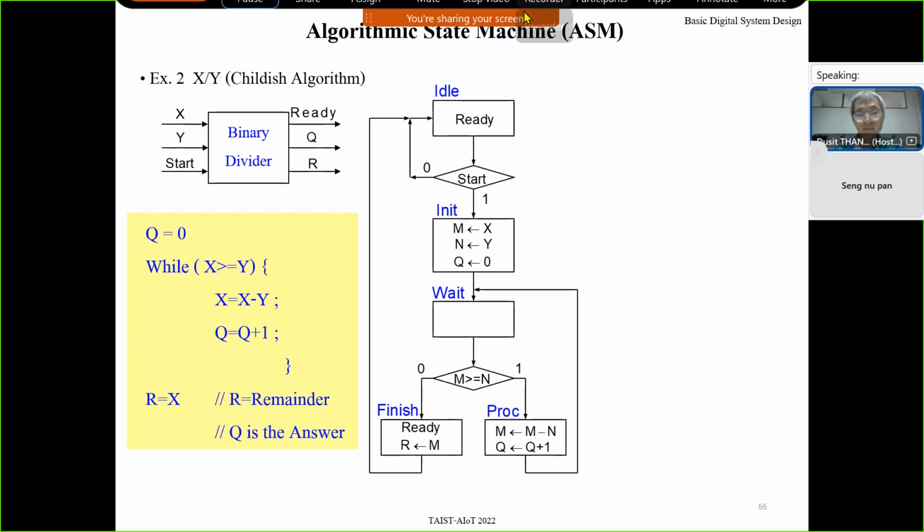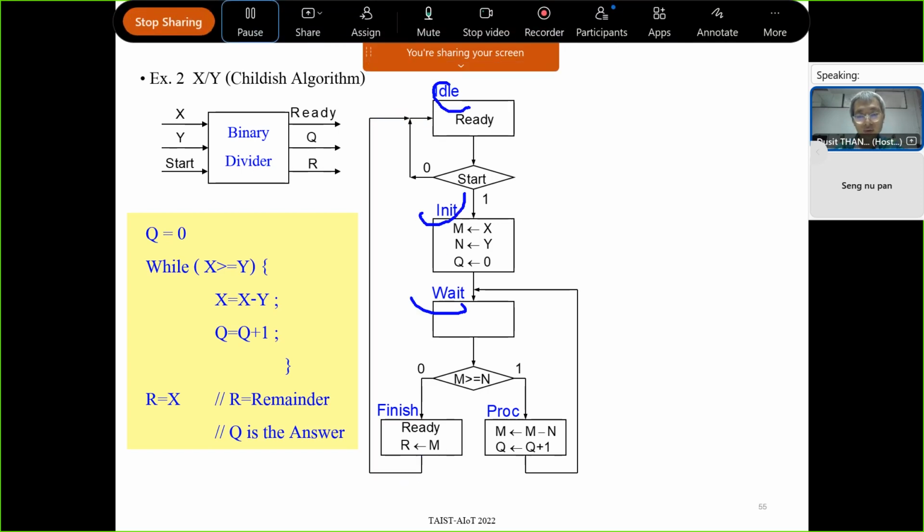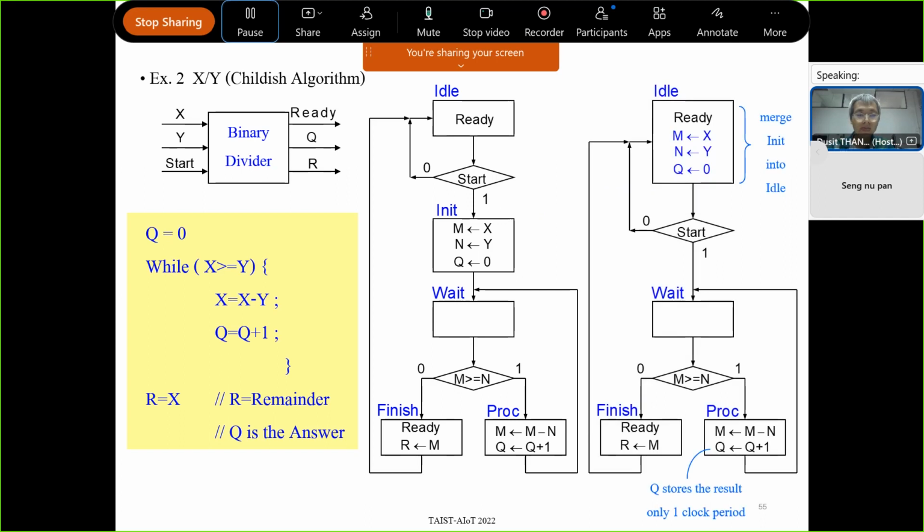From this one, there are 1, 2, 3, 4, 5 states. That means based on this one, you may use at least 3 flip-flops, right? 3 bits of state variable. Anyway, I may reduce the number of states. If you consider this state, while you wait for the start signal, you do not think about this variable, right?